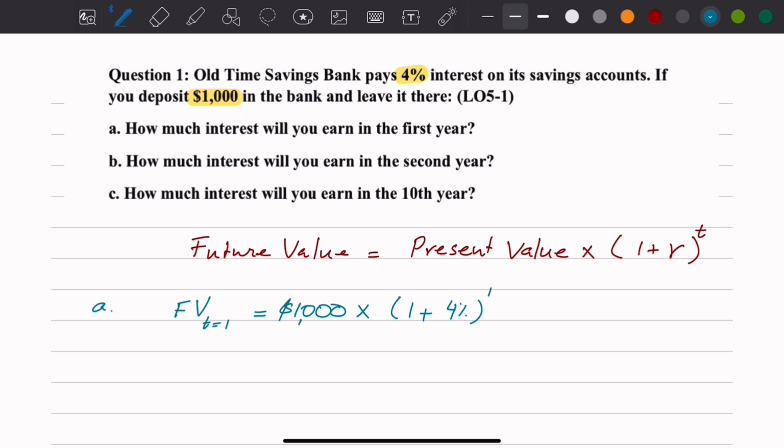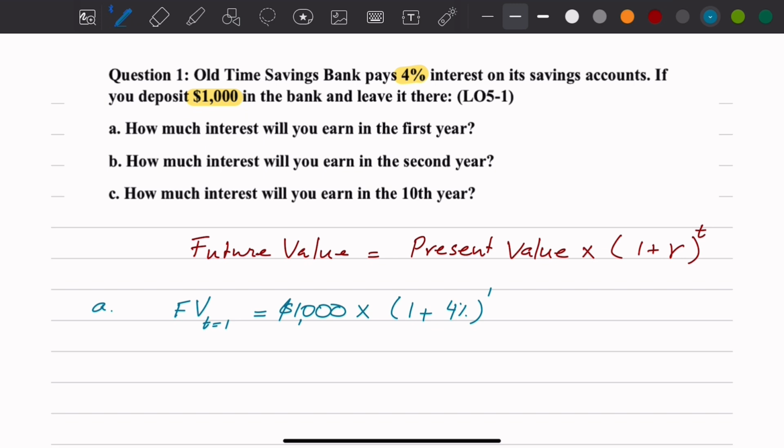So this is going to be ignored, right? Now, for this one, we want to find the interest that was earned on the account in the first year. So we don't really have to use this formula. We can just use the simple return calculation, right? But because we're going to use this same formula for the following requirements, I'm going to be using the same formula to make things easier for you, okay? So we don't want to overcomplicate things.